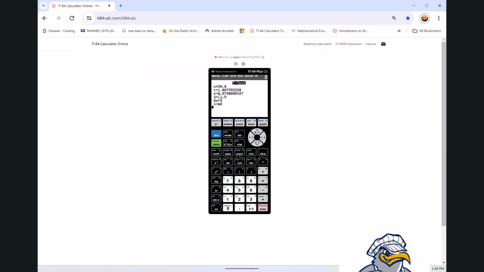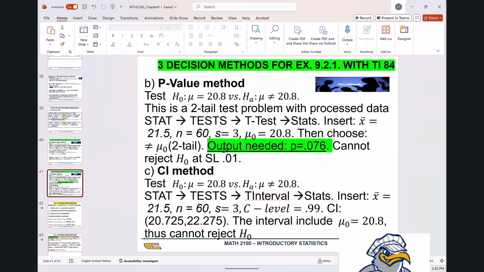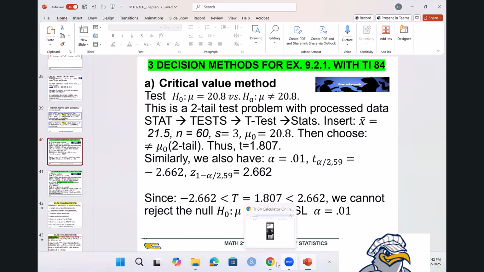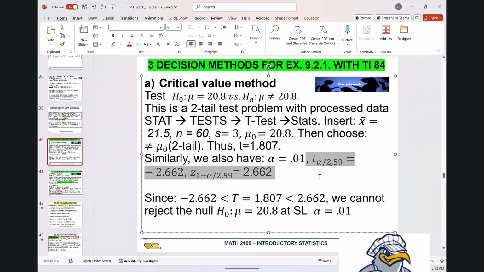But if you use the critical value method, you also need to find a critical value. In the p-value method, you don't need to do anything else, just look at this value and compare with the significance level to make a decision. For the critical value method, what you get from the calculator is the test statistic t, and then you need to find the cutoff to make the decision.